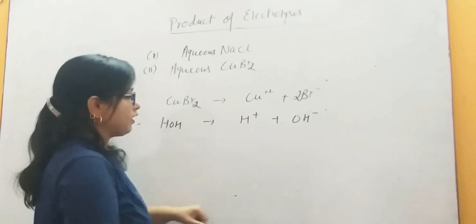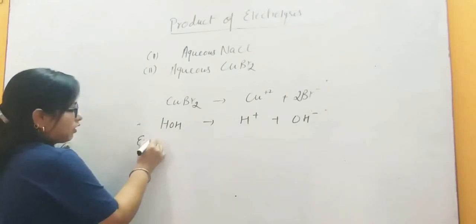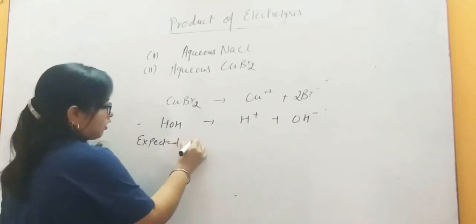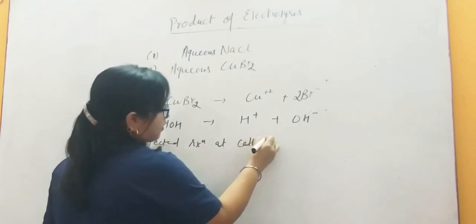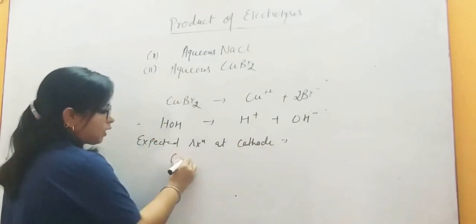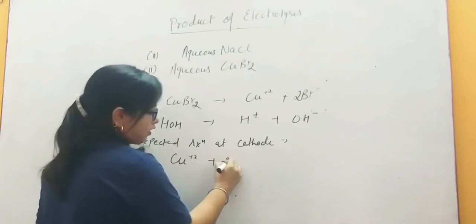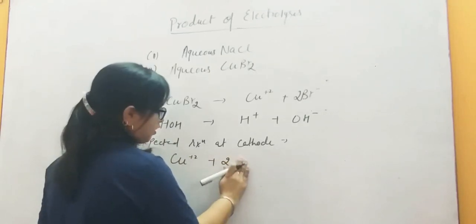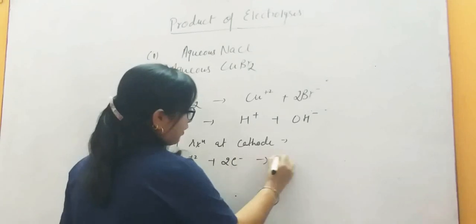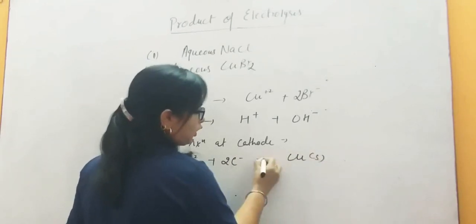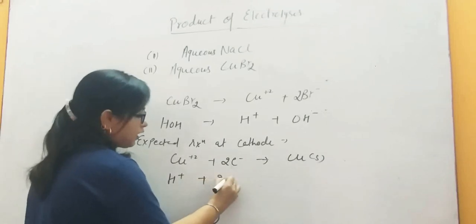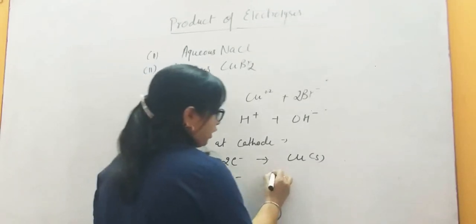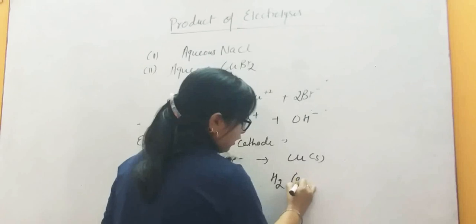So I am writing the expected reactions at the cathode. Two reactions are possible. Copper can be collected in the form of solid copper, and H+ ion can be converted into hydrogen gas.